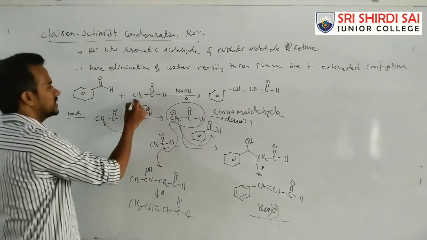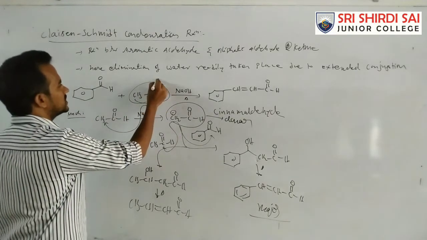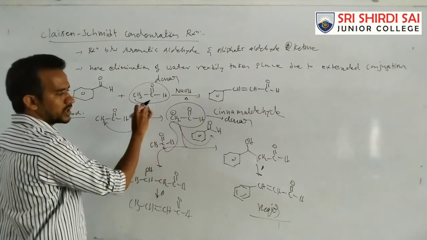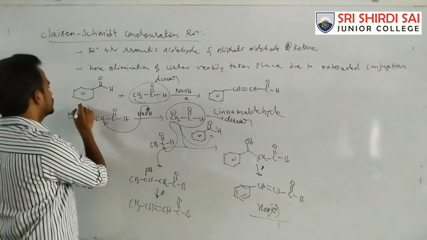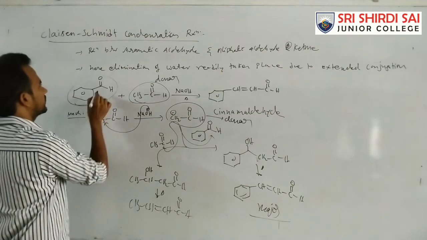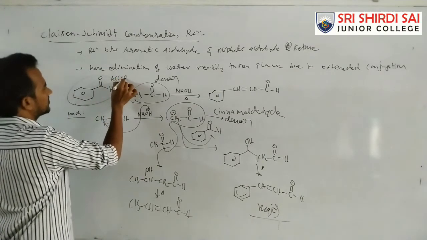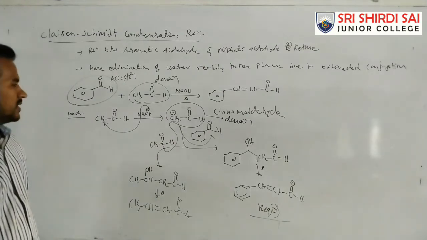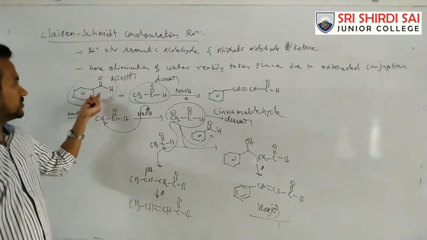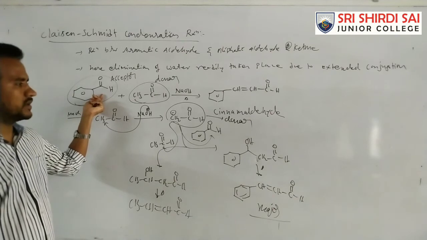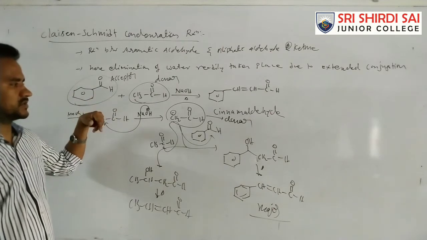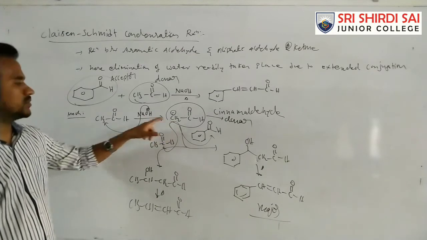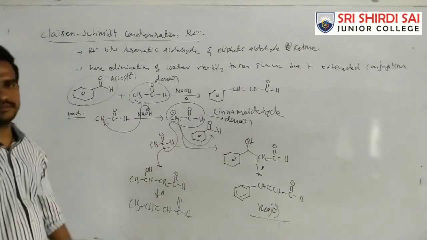So in this case the acetaldehyde molecule is the donor, and the one attacked by it, benzaldehyde, is the acceptor. Check this in nomenclature once. The molecule which is attacked by the carbanion nucleophile is the acceptor; the molecule that produces the carbanion is the donor.